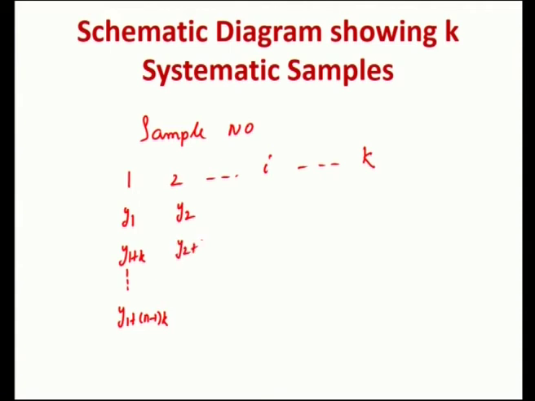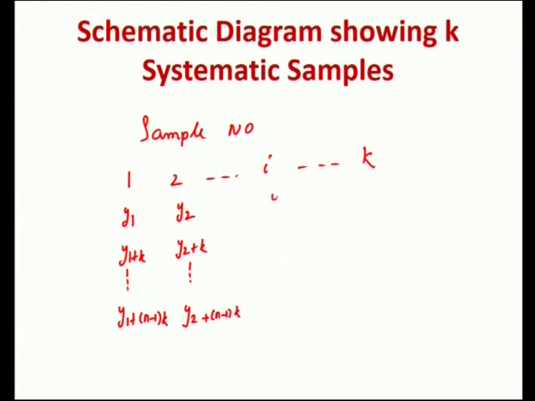Now we have the schematic representation of systematic samples in the population of N units. Here we have the sample number, starting from 1, 2 and so on. We have k systematic samples. The units in the first systematic sample are y1, y1 plus k, and so on up to y1 plus (n minus 1)k, the nth unit. In the second systematic sample, the units are y2, y2 plus k, up to y2 plus (n minus 1)k.